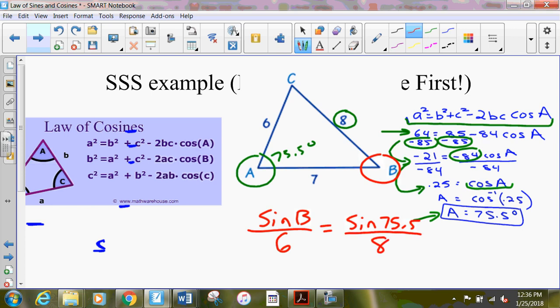We'd cross multiply, solve for B, and then add angle B and angle A and subtract them from 180 to find angle C. Whenever possible, we're going to use law of sines.